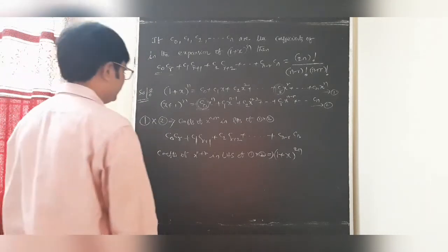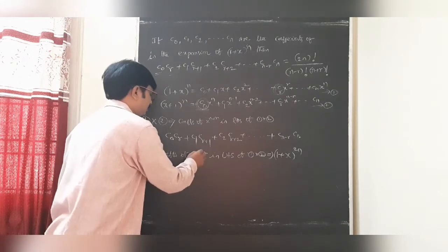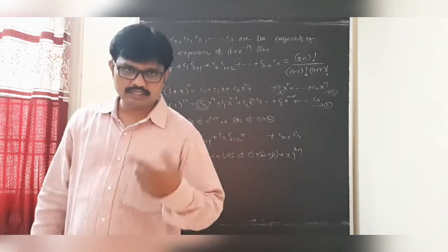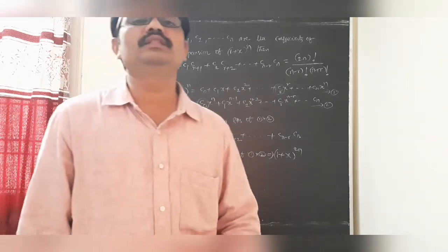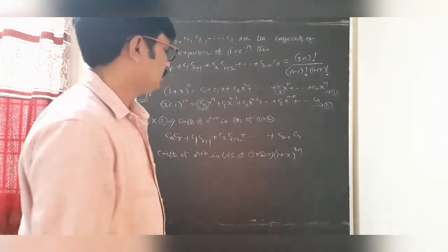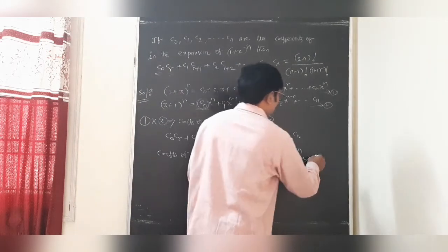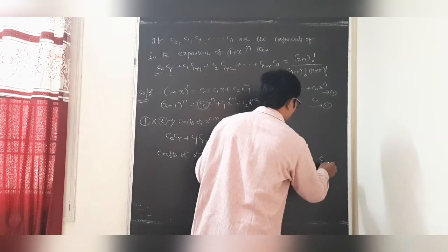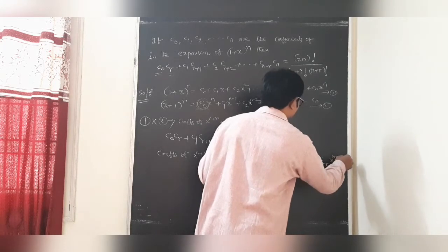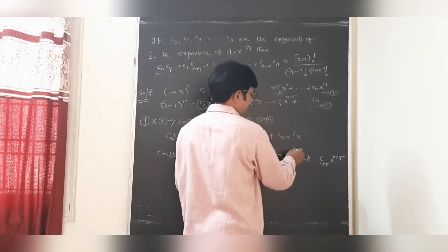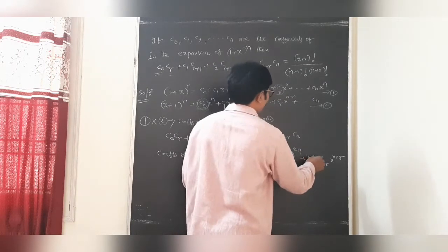What this means is the coefficient of x^(n+r) here, C0, C1x, C2x², C3x³, similarly Cn+r is the coefficient of x^(n+r), where the index is 2n.